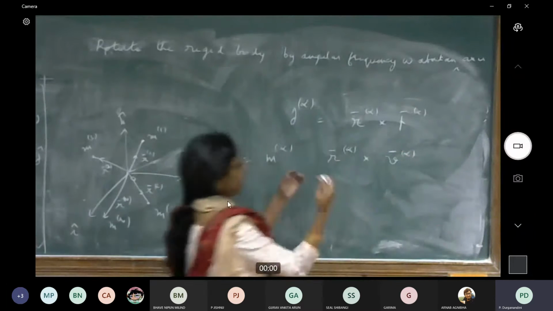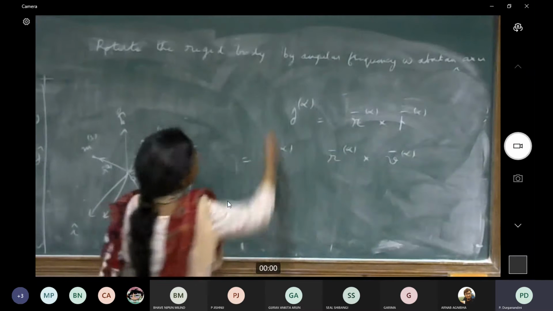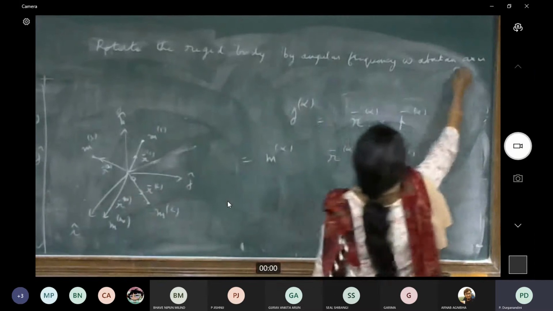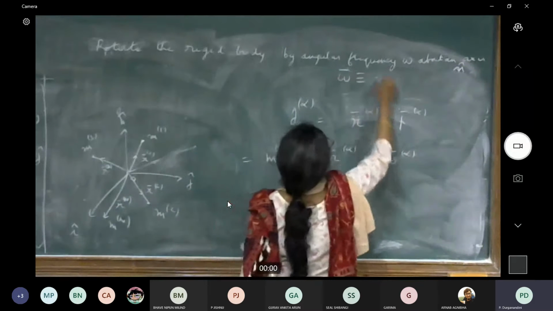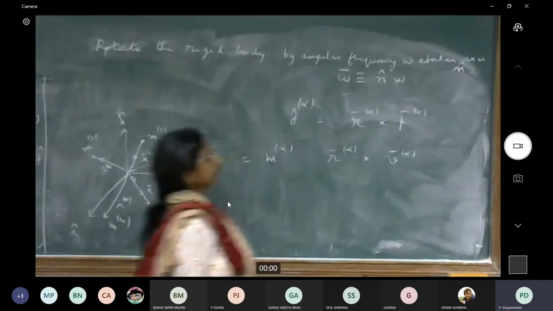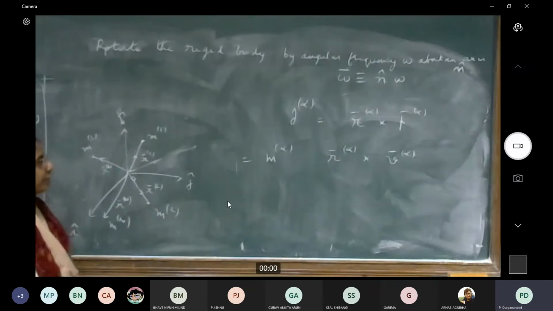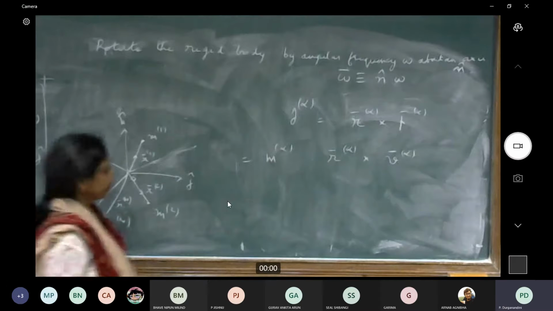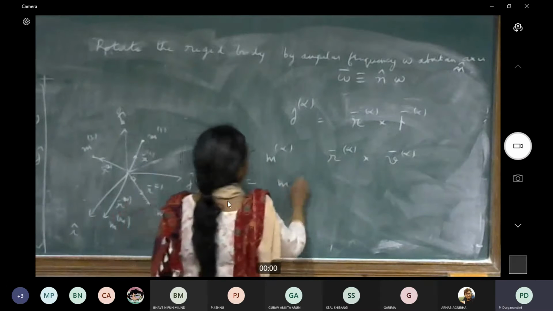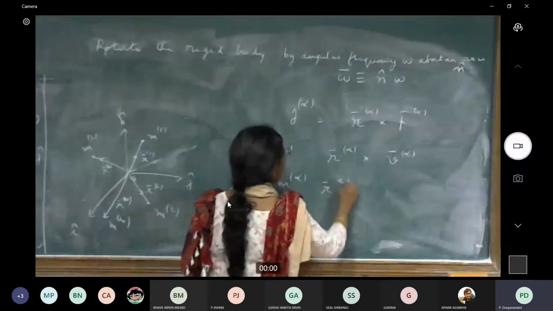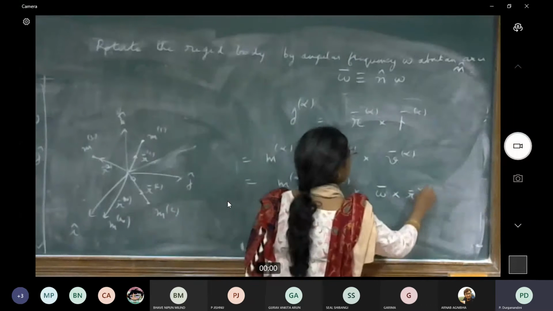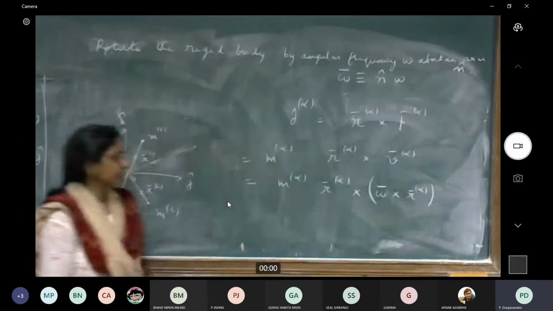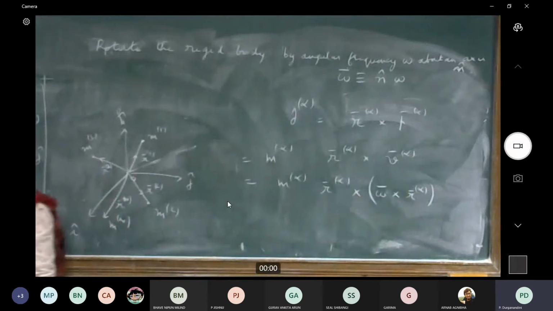Because I've rotated this about the axis n cap, I can define the vector omega as n cap times omega. Then this is nothing but R alpha cross omega cross R alpha. So this should be the angular momentum for the alpha particle.